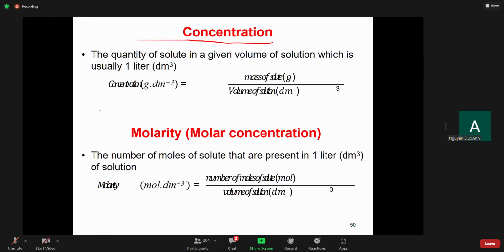Normally concentration is defined as the quantity of solute in a given volume of solution, normally 1 liter. So the concentration here has a unit of gram per liter, and it can be calculated very simply as the mass of solute in grams over the volume of the solution.